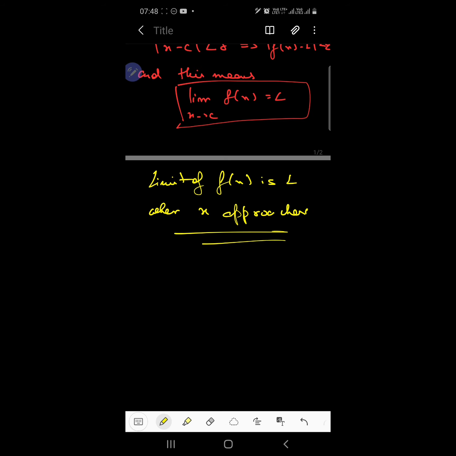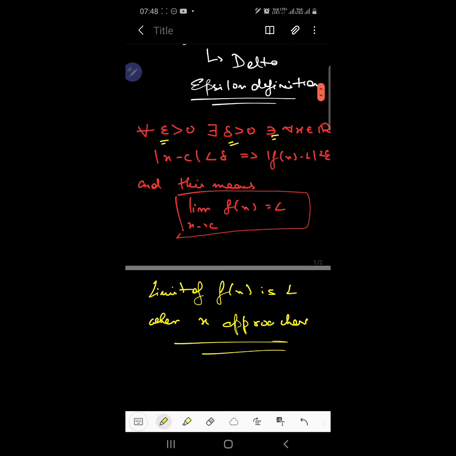Understood this particular concept? The statement is clear?